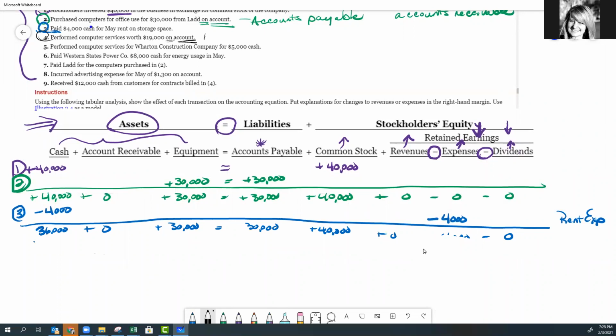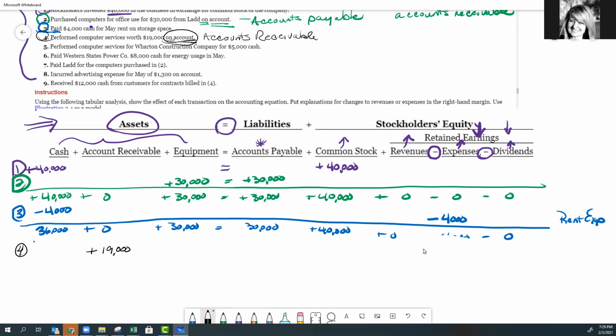We called that accounts receivable. That's an asset. It has a future benefit. We're going to receive cash in the future. So we now have a new asset we didn't have before. Our customer owes us $19,000. So for number 4, our accounts receivable asset goes up by $19,000.